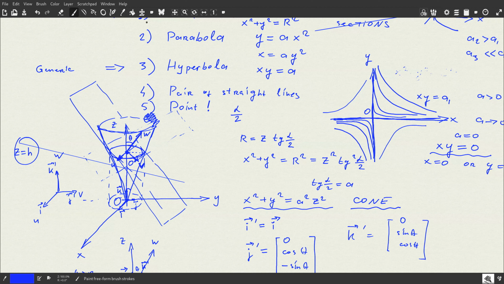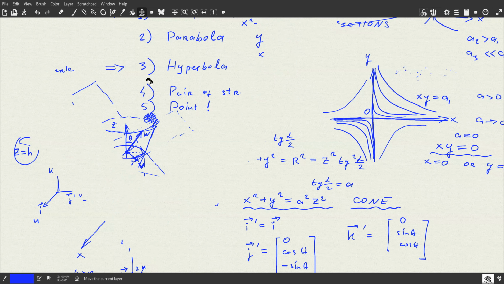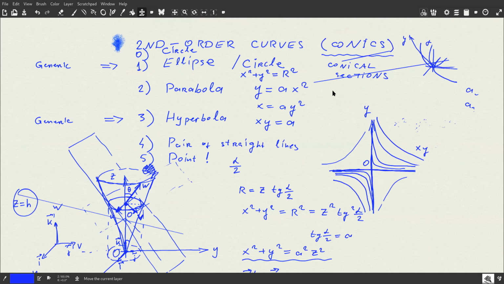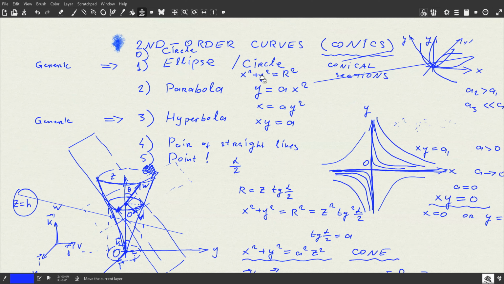When 2,500 years ago, 25 centuries ago, the ancient Greek mathematicians started studying those second order curves, they did so by a geometric interpretation. They didn't introduce any equations at that time as we wrote. They didn't know any algebra. They didn't know equations like x squared plus y squared equals r squared, and they couldn't write anything like that.